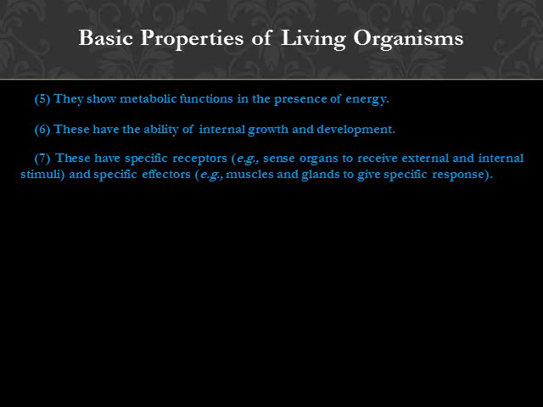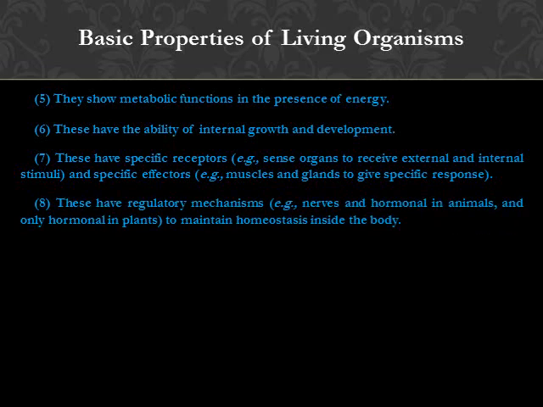So sensory mechanism and response are two very important characteristic features in living organisms, and due to that we can respond and change ourselves according to the changes happening around us in our environmental conditions. Adaptation, right? Due to these characteristic features we can adapt to the environment.